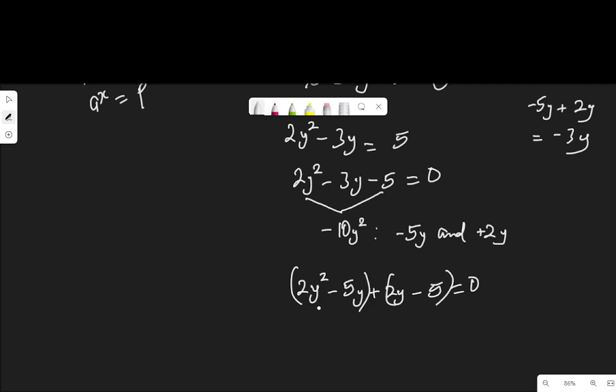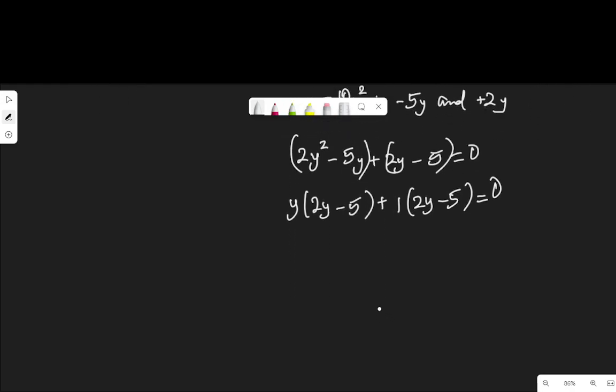In the first bracket, y is common, so bring it out: y into 2y minus 5, plus the second bracket, 1 is common, 1 can divide both. I have 2y minus 5 equal to 0. We have a common factor 2y minus 5, so we pick only one: 2y minus 5. Then we group this and this together: y plus 1 equal to 0.